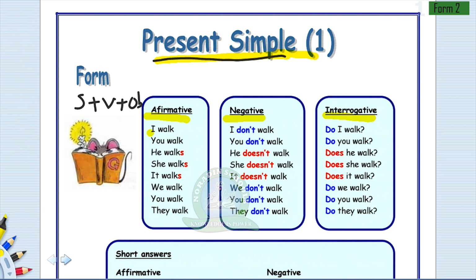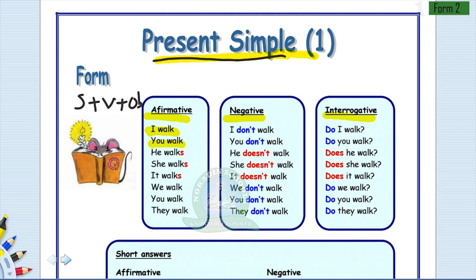Here we have I walk. This is an affirmative, normal sentence. It is neither a question nor negative. I walk, you walk. Here we have he.